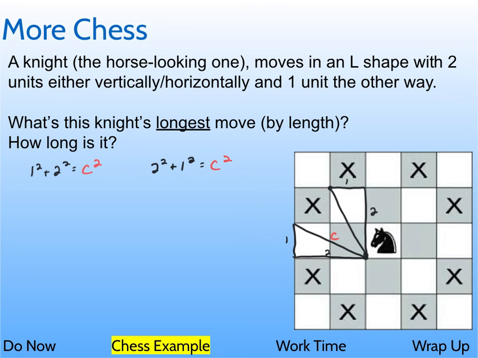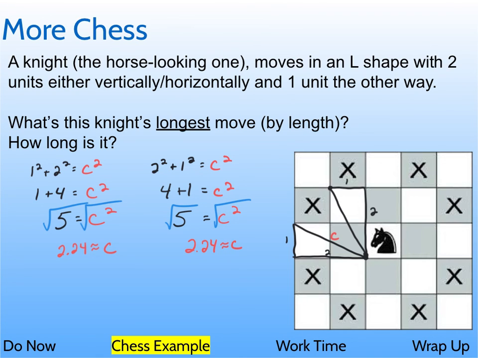So let's square these things. Hopefully you can tell right now that 1 plus 4 is going to be the same as 4 plus 1. Now we both get c squared equals 5, so then you take a square root on both of these, and you're left with about 2.24 for all of these distances here. So any distance that this knight moves is 2.24 units.